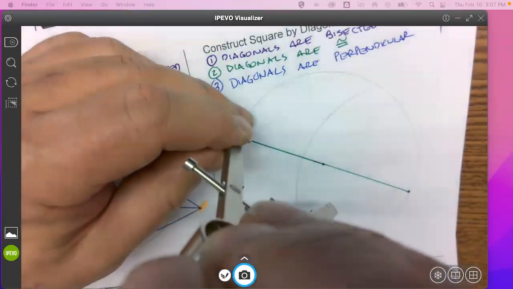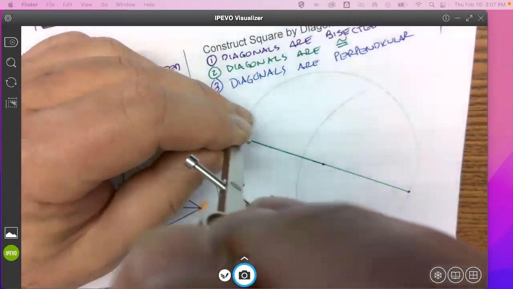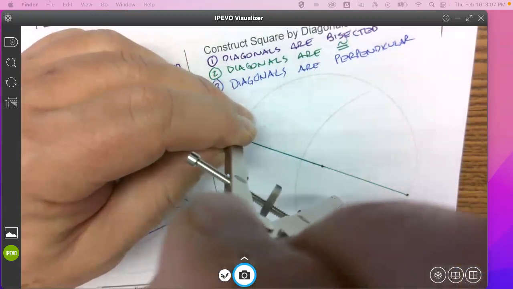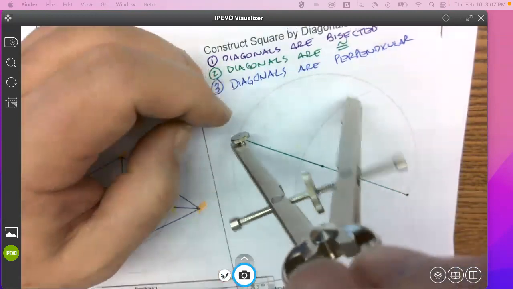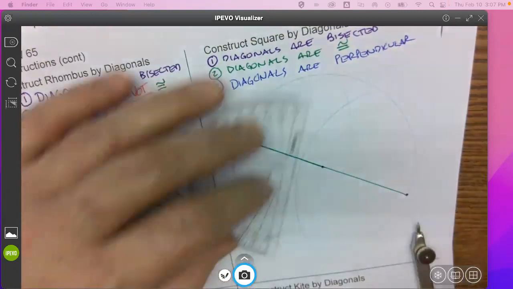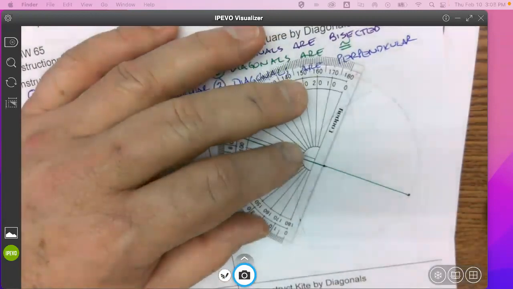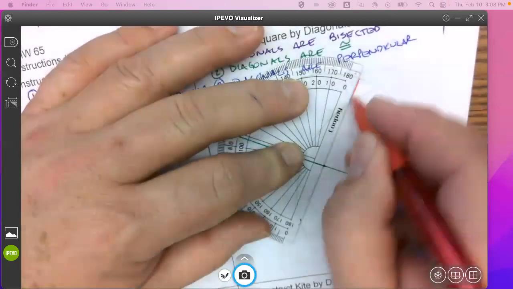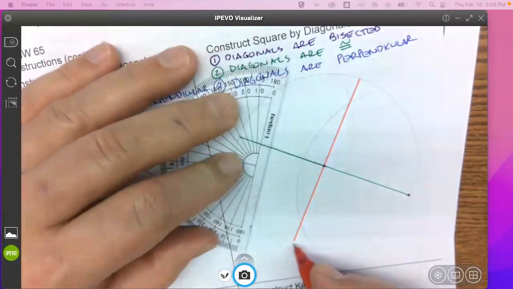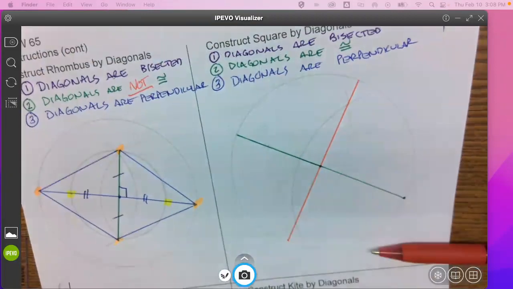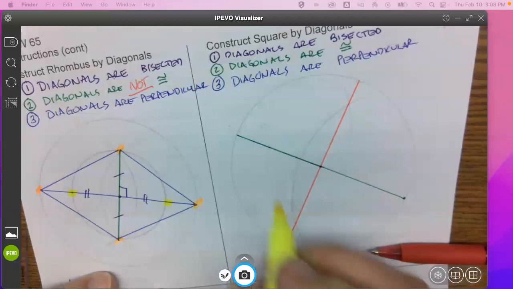And from this side, at the same distance. And connect the dots.